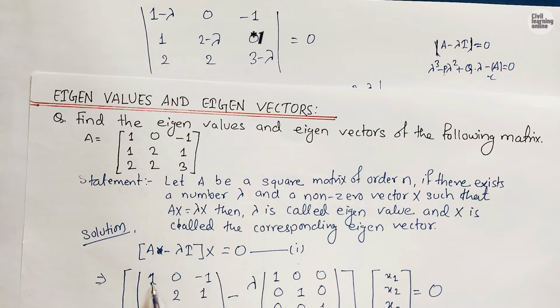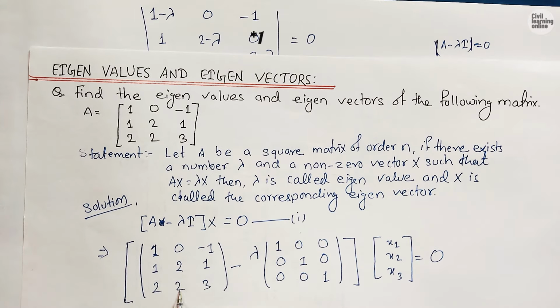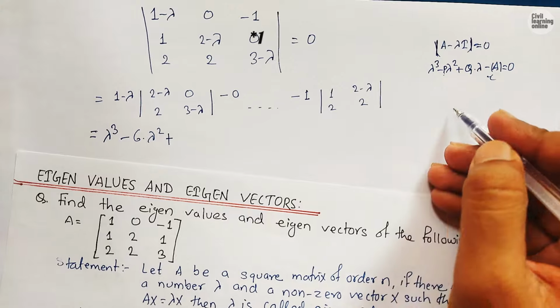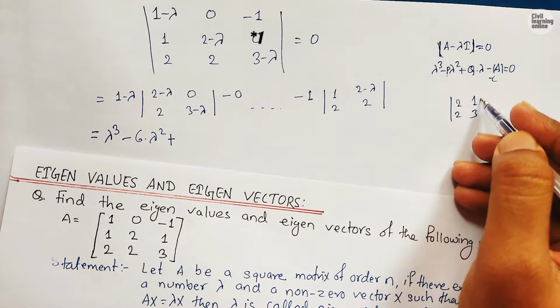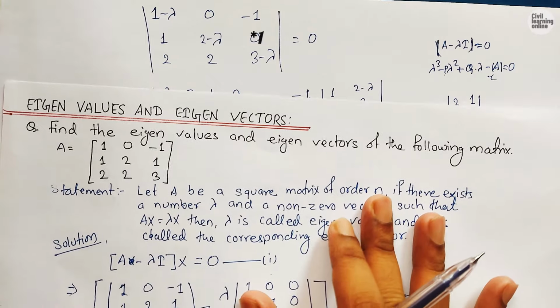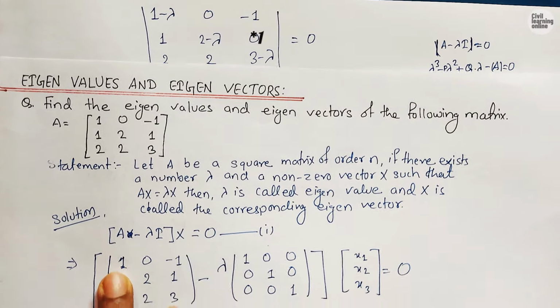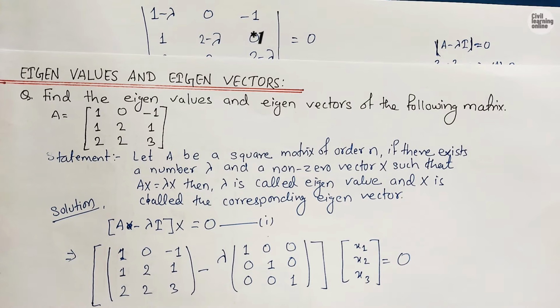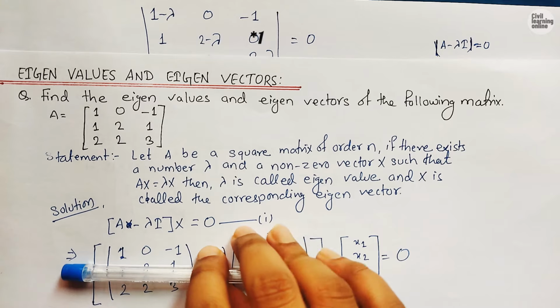The first diagonal element is 1, and the minor of 1 is going to be 2, 2, 1, 3. I will write it on both sides: 2, 2, 1, 3, with the sign of determinant, because we need to find the minor of this element 1. Another diagonal element is 2, so the minor of 2 is obtained by covering the row and column in which 2 lies.